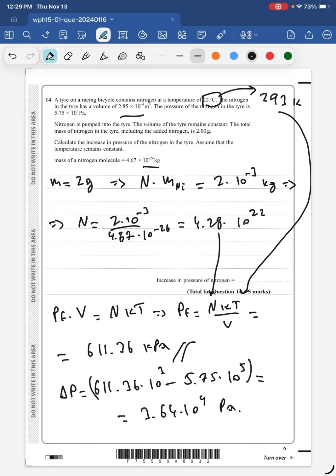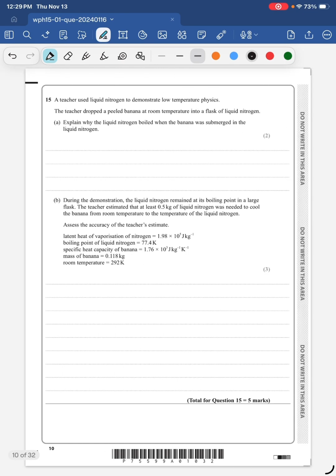Okay, so this is the answer. This is how you have to work it out. So moving on to question 15.